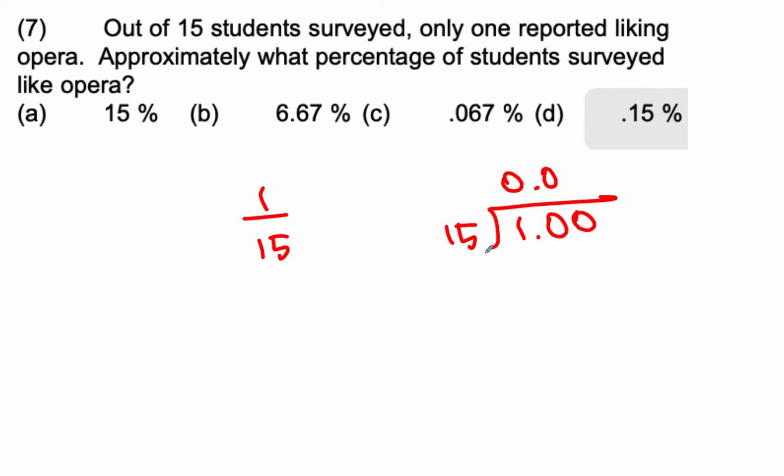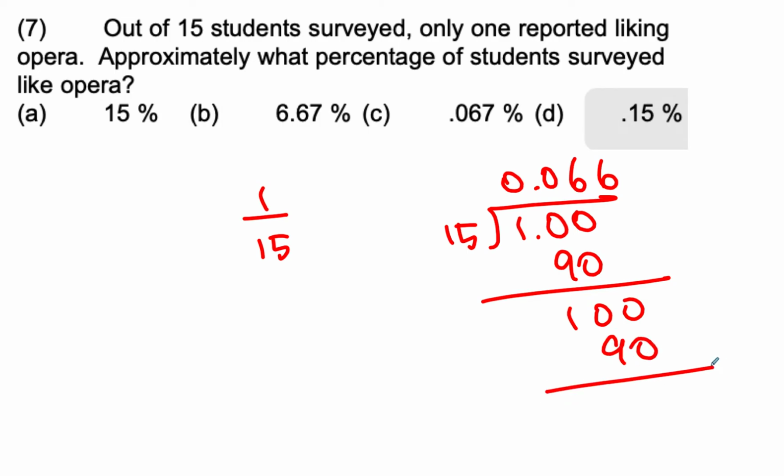How many times can 15 go into 100? About 6 times. Then it becomes 90 here, and we get 10 again, and another 6 times. So it continues. So 0.0666 is 0.07. So we get choice C. C becomes the answer.